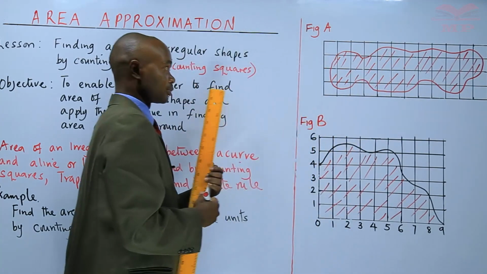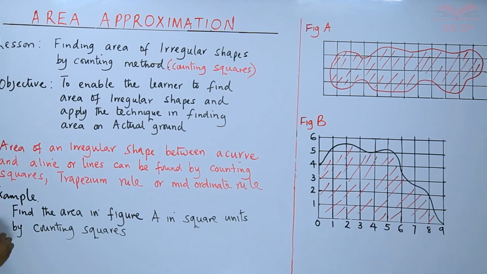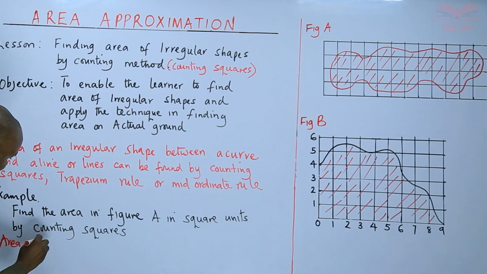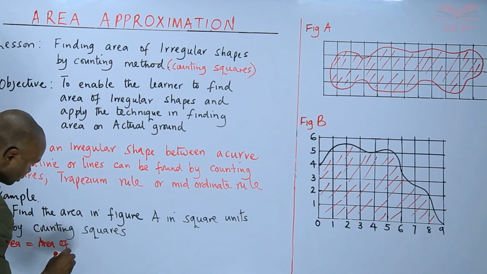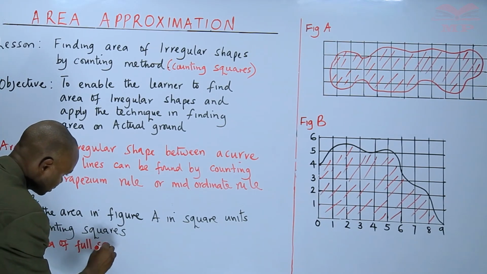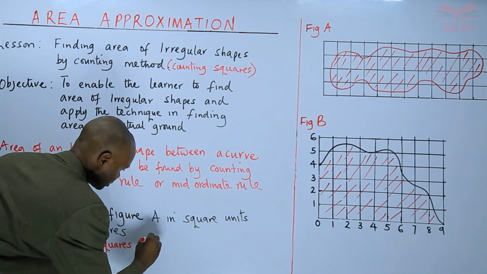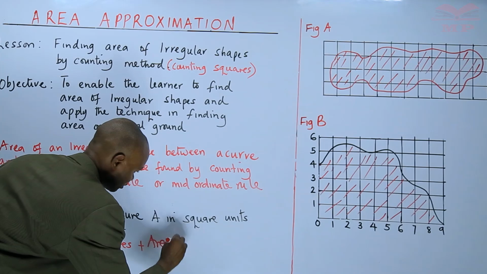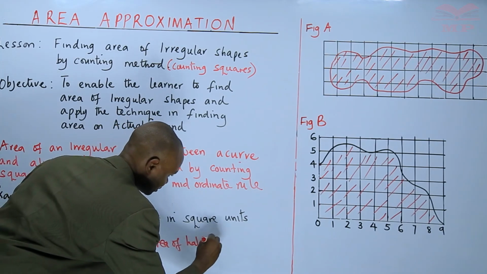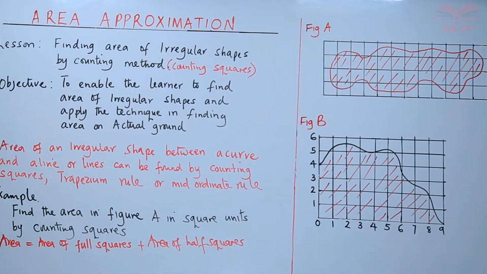So what you'll do, you'll know that area will be equal to area of full squares plus area of half squares.